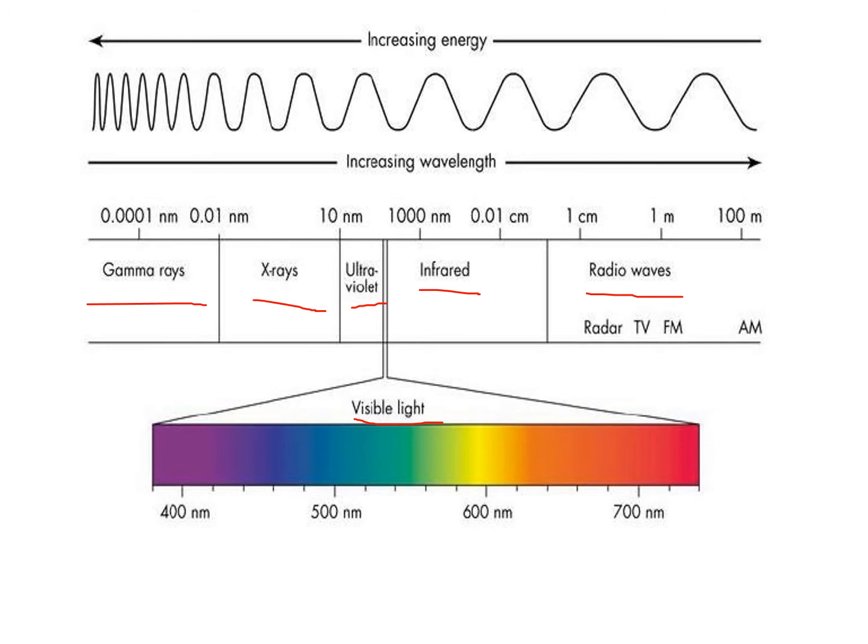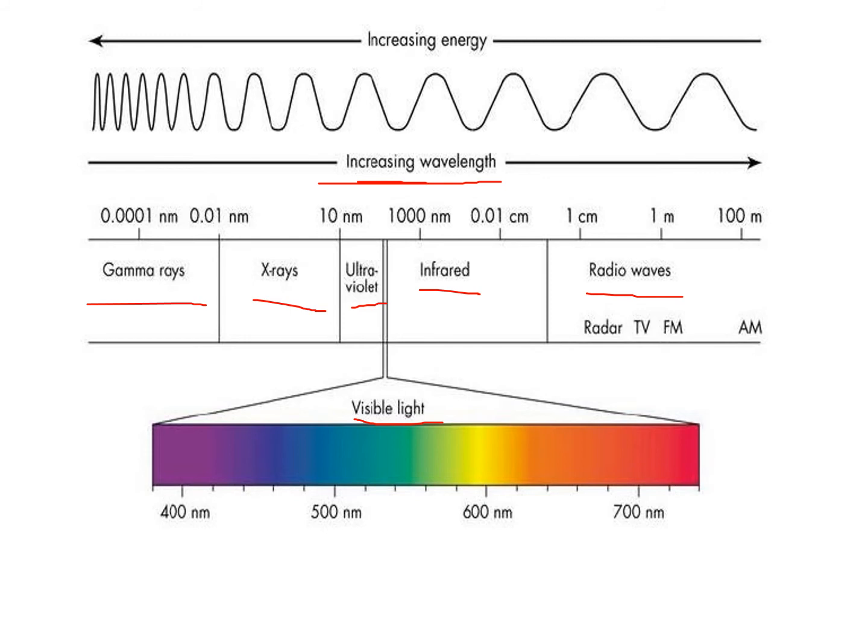So there are different types of electromagnetic radiations which are arranged according to their wavelength. At the top you can see increasing wavelength in this direction.